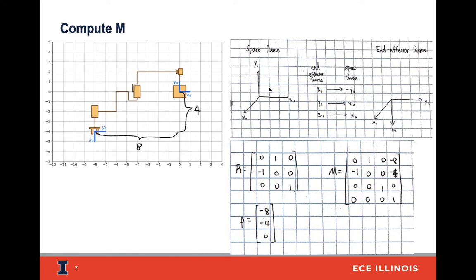To get the rotation matrix, we first set up two coordinate frames using the right-hand rule. As you can see, x1 is the negative y0, y1 is x0, and z1 is just z0. In that case, we can form the M matrix of this problem.